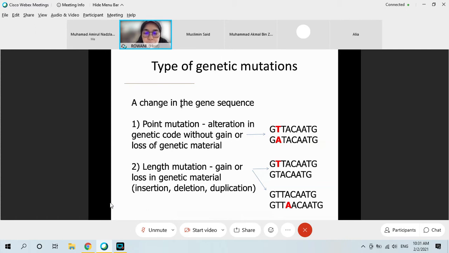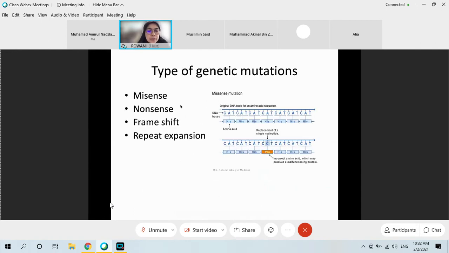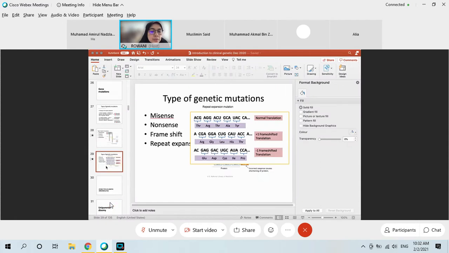Point mutation is just alteration in the genetic code without gain or loss of genetic material, whereas length mutation is when there is gain or loss of material. So at the end of the day, there is a change in the length of the DNA, as shown in the example here.